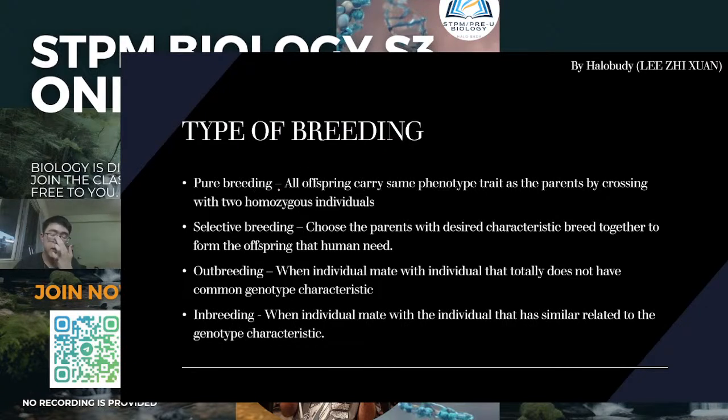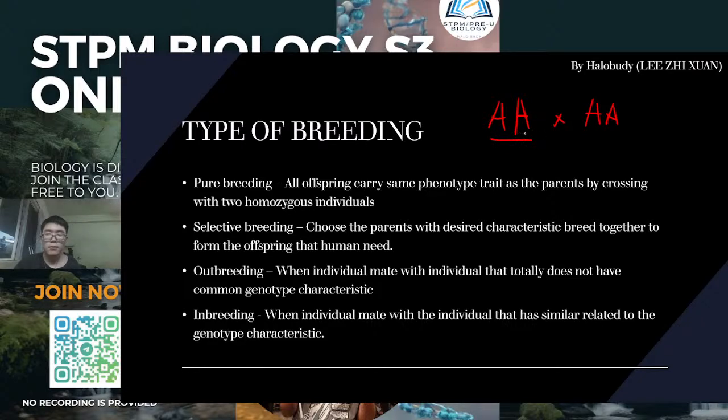So pure breeding: when we say pure, it means that all of the offspring carry the same genotype trait as the parents, by crossing 2 homozygous individuals. So when this offspring contains this genotype, it will breed with an individual that totally has this genotype.